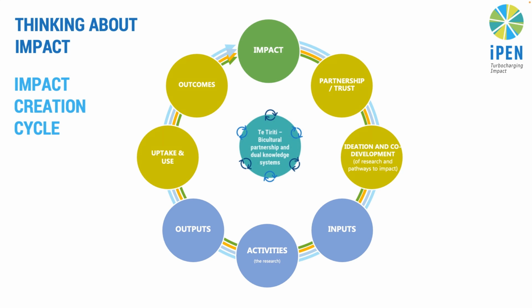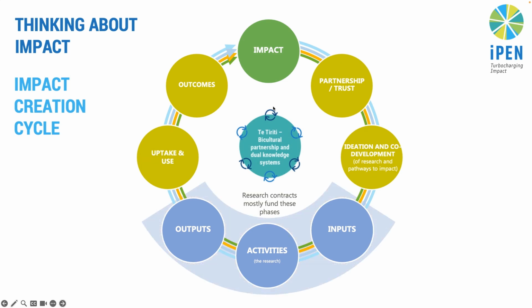What you'll see here are some parts of the process that you might recognize from a program logic, but a few additional steps that you wouldn't typically see, such as partnerships and trust, the ideation and co-development process of what is the research problem or opportunity, and then the step between outputs and outcomes around uptake and use. And finally, having te tiriti, bicultural partnerships and dual knowledge systems at the centre.